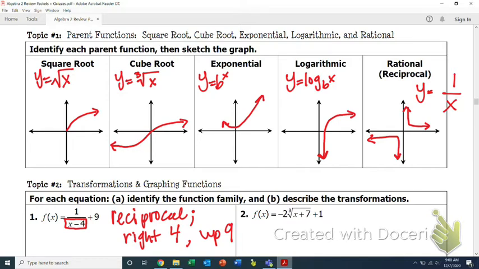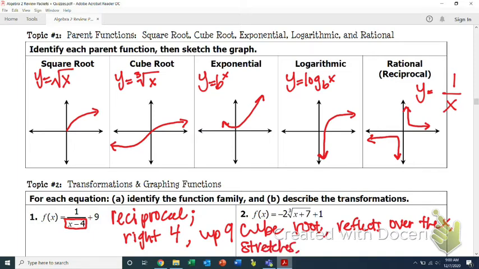All right, number 2, since we have this little cube, it's a cube root. Since we have that negative 2 out front, it does 2 things. It reflects over the x, and it also stretches.